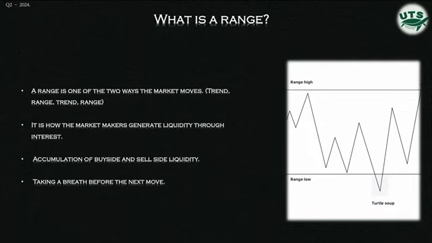Range, consolidation, accumulation of buy side and sell side, smack into one end of the range, and then rally to the opposing end of the range. Right. Oftentimes giving no chance for entries. A range is also the market taking a breath before the next move. So it's a massive trend, and then it has to chop around, because if the market moved up and down in lines like this, then everyone would make money and no one would lose, right?